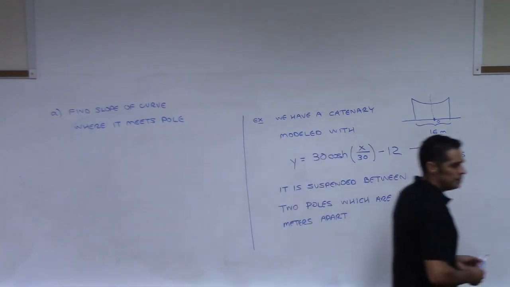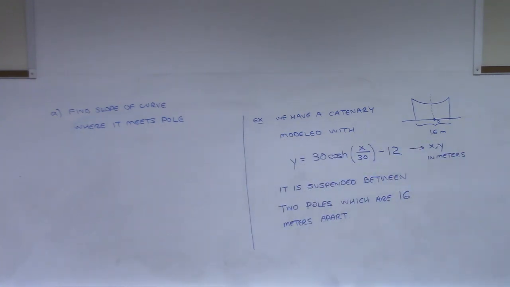So what does that mean? Interpret that question. What is the math that they want me to do here? We talked about this earlier. Tangent line, right? They want the slope of the curve where it meets the pole.